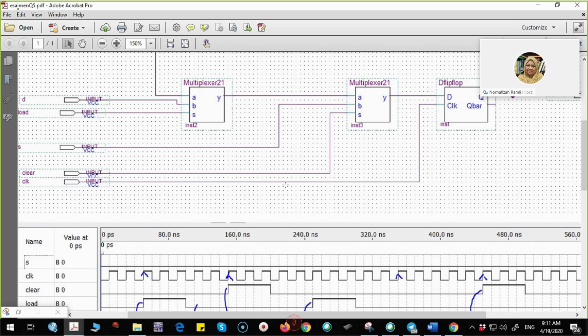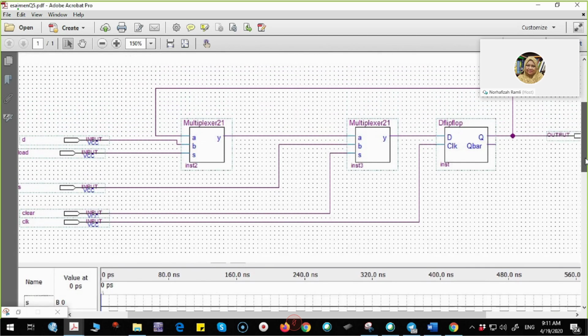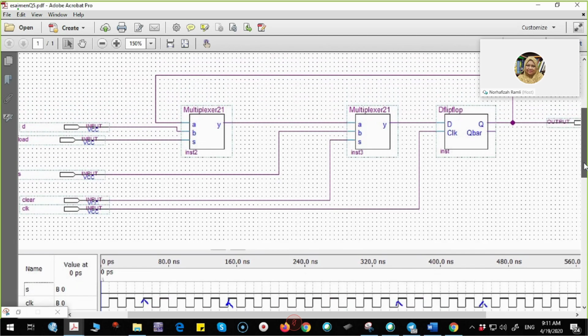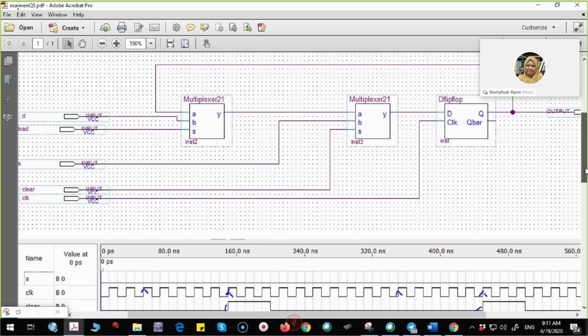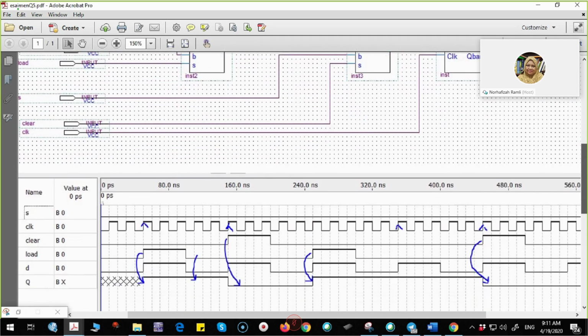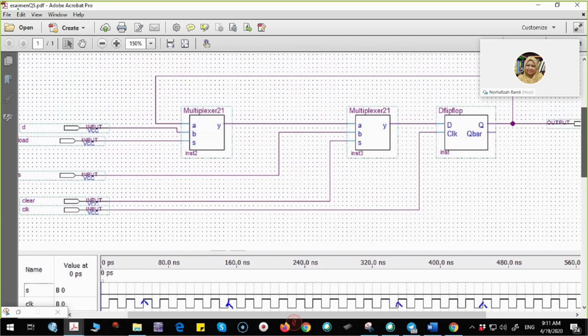Who's going to explain this one? I'm explaining or you explaining? Let's see. It says that because in the first instance, your clear is 0. Right? Doctor, can you hear me? Yeah. Okay. Let me explain.